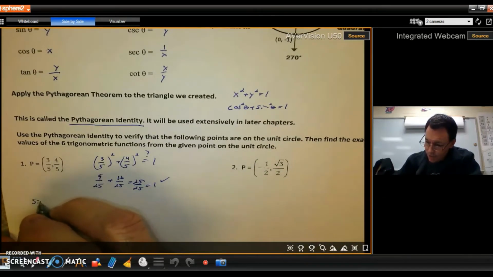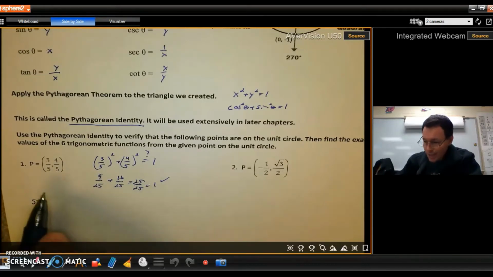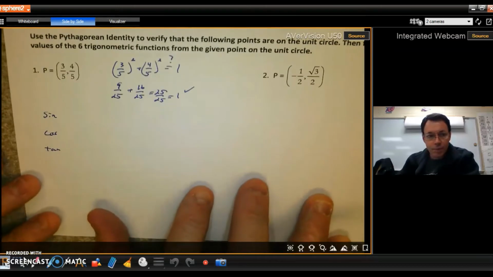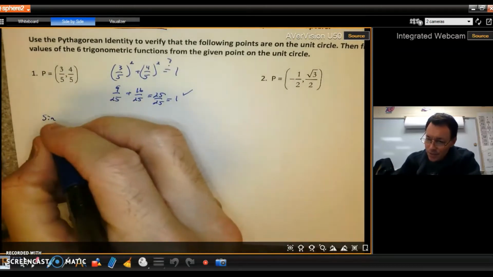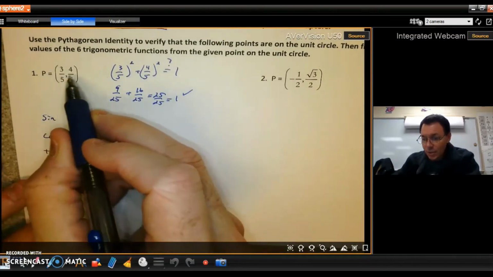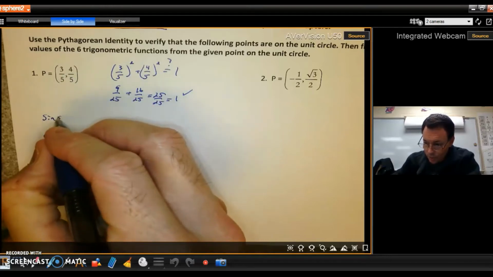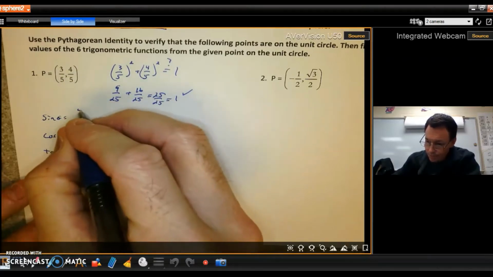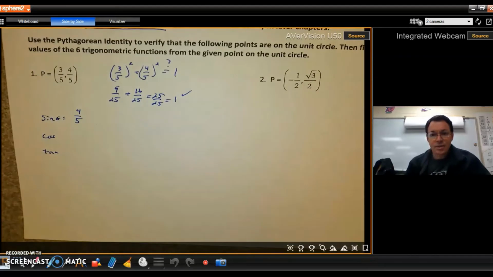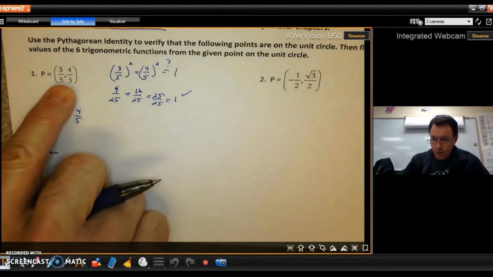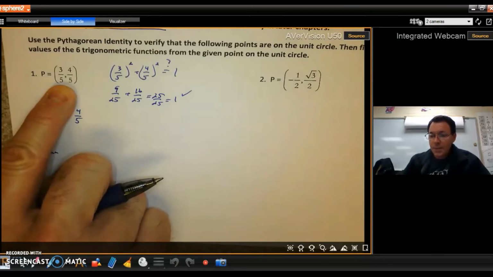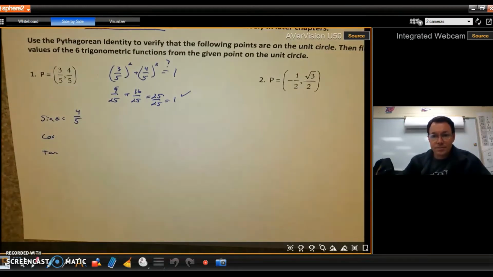Okay? So, then it says, then find the exact values of the 6 trig functions. Okay? So find the sine, the cosine, and the tangent of that point. Well, we just said that the sine of the angle that goes through that point will simply be the y. The sine of the angle is 4/5. I guarantee. And if you draw an angle that goes through that point on the unit circle, the sine of the angle will be 4/5.